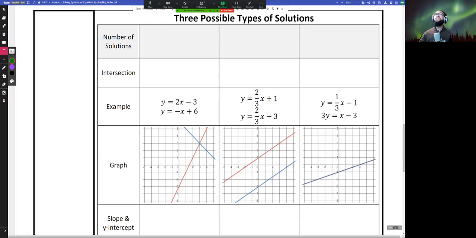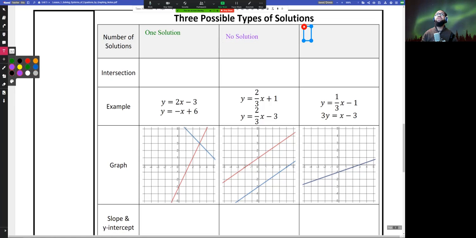We have one solution, and I'm going to try and stick to doing these in their own color. One solution, no solution. I'll make that purple. And infinitely many solutions.